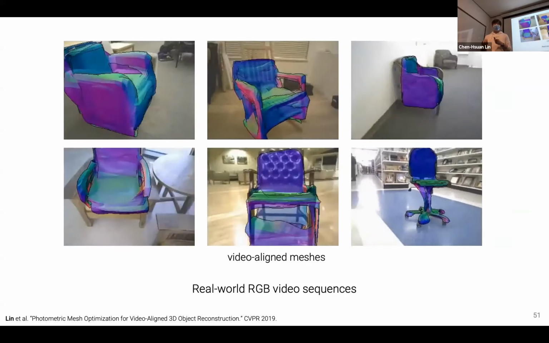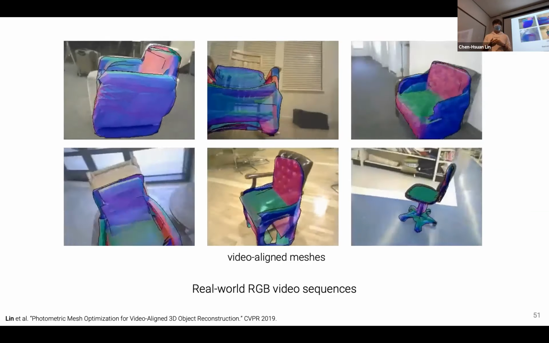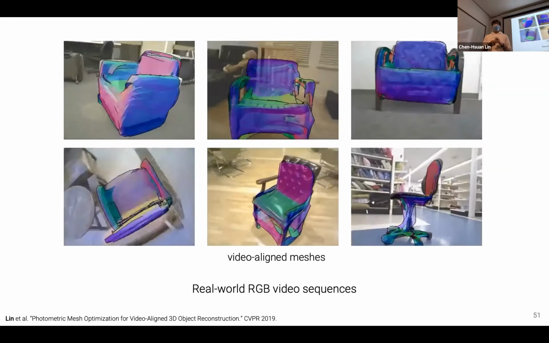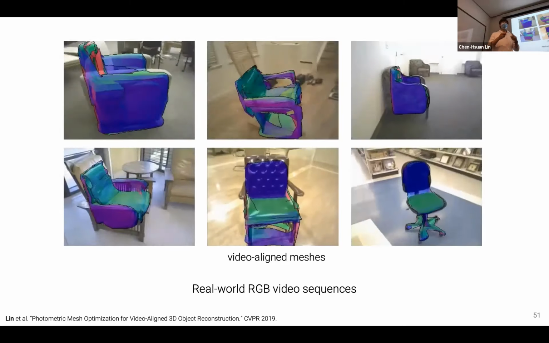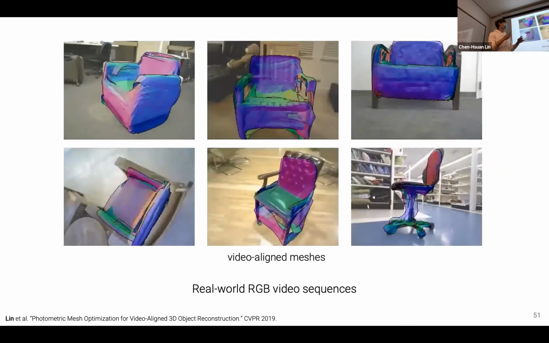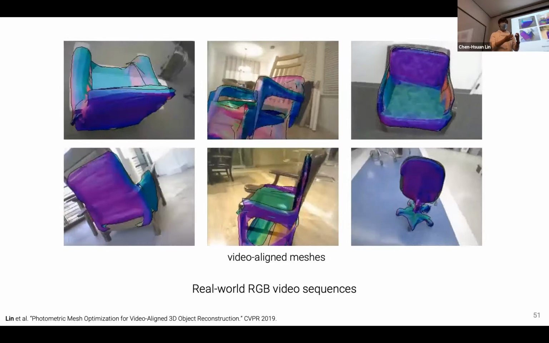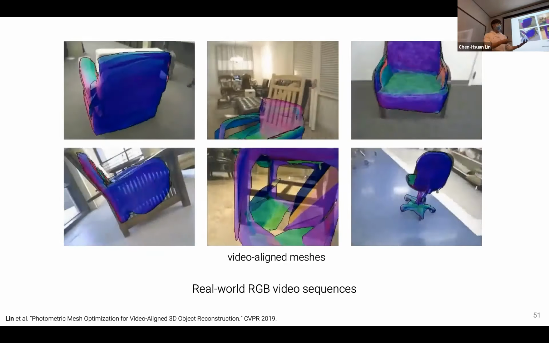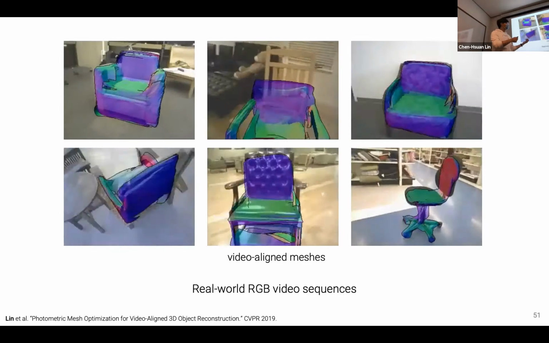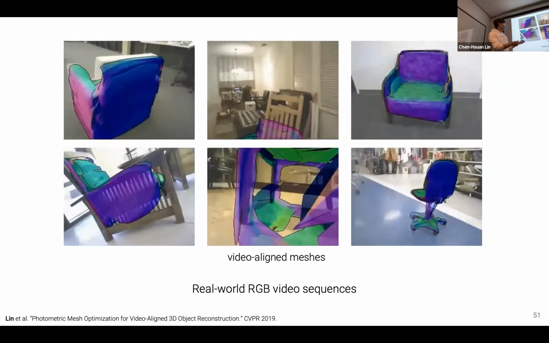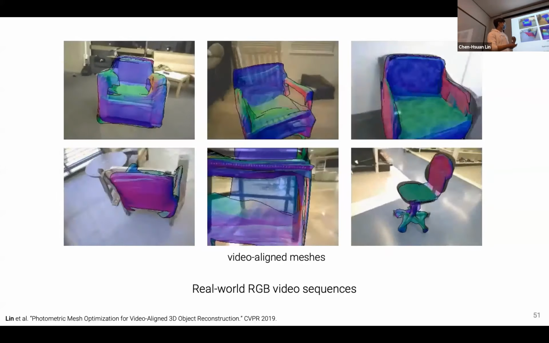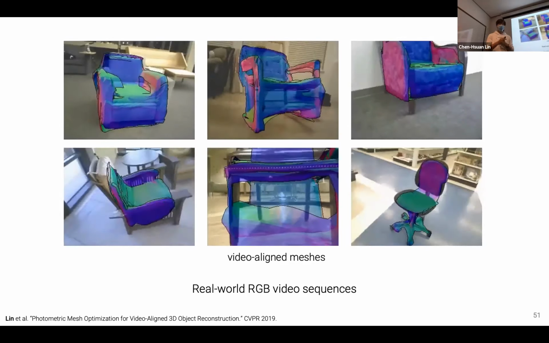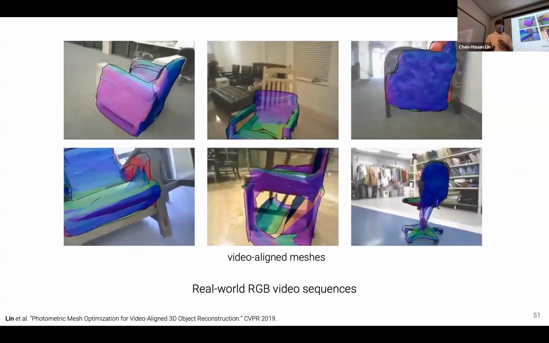You might see some discrepancy between the shapes and the video sequences because in this work we utilize a pretrained model on synthetic data, and so there is still a domain gap between the synthetic data and the real world data. So there are still some discrepancies between the actual deformed model and the actual shapes. But I think this is still a pretty nice visualization of what this optimization process allows us to do.